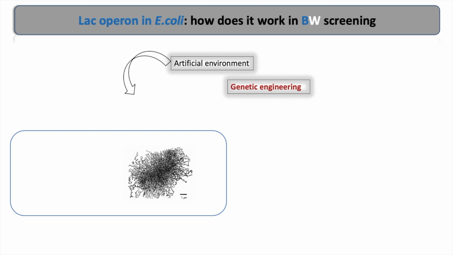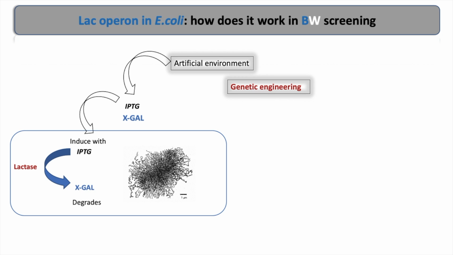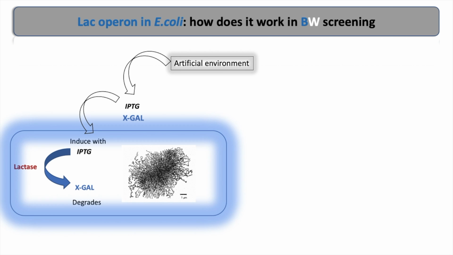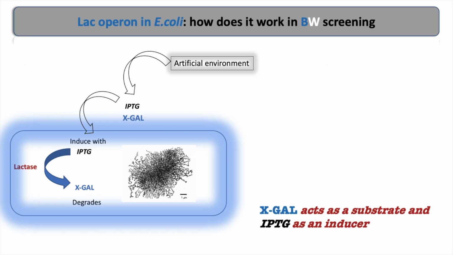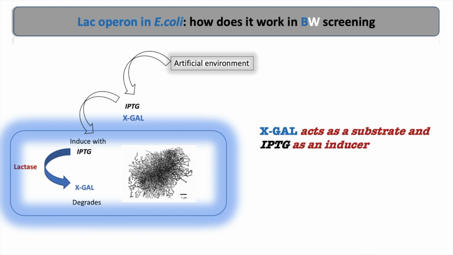In genetic engineering, you will use IPTG and XGAL in the environment. The lactase gene will be induced by IPTG, which in turn will degrade XGAL, forming that blue pigment. So basically in genetic engineering you will use XGAL as a substrate and you will use IPTG as an inducer.